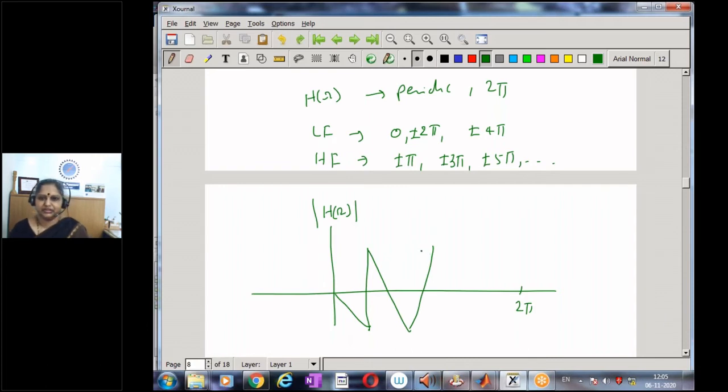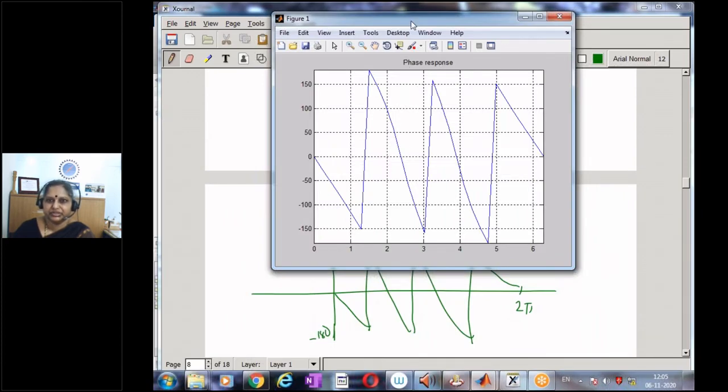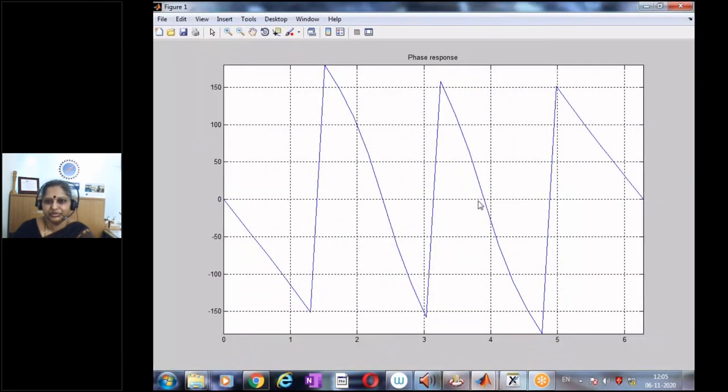It suddenly goes up, and then it's something like this. The exact plot is available in MATLAB, but we have seen the plot, and this is a freehand drawing of the actual plot. The actual plot is given here, correct and precise for the interval 0 to 2 pi.